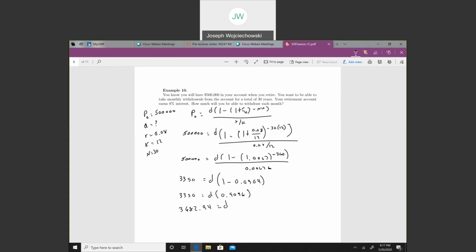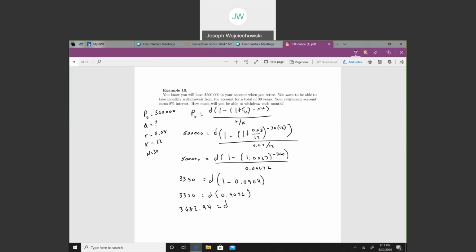So let's see what we have here. 0.08 divided by 12. Okay, 1.0067 to the negative 360. Nope, that's right. $500,000 times 0.0067.